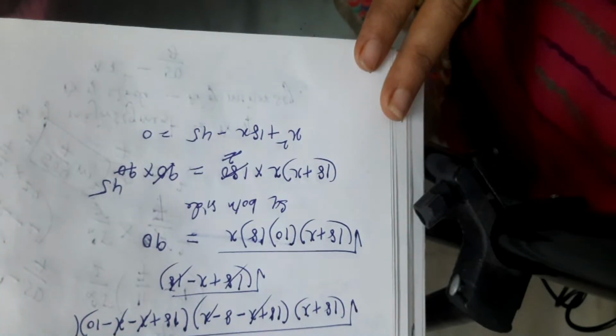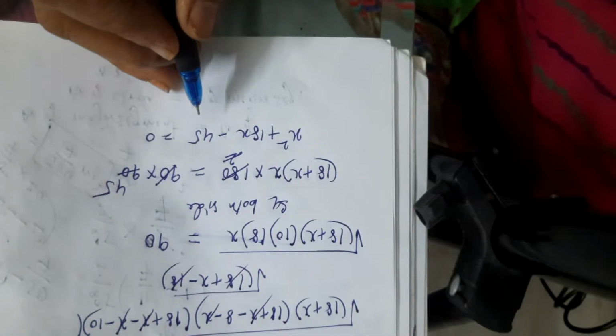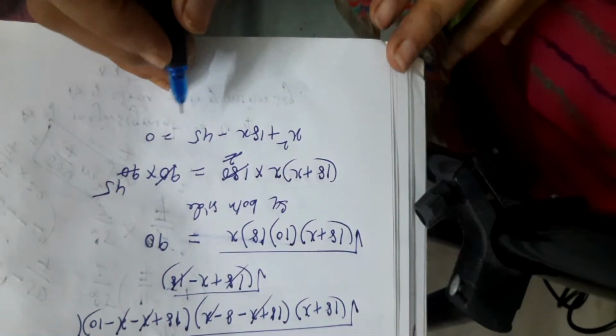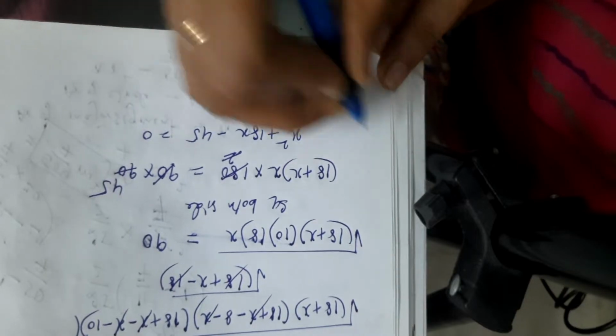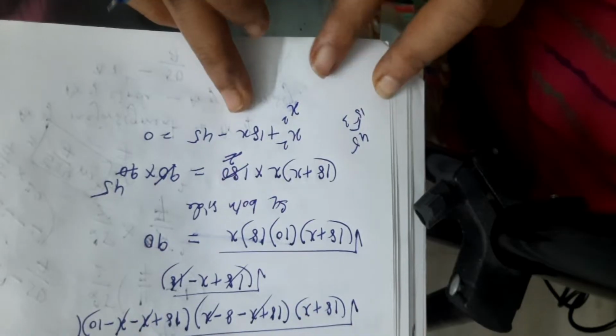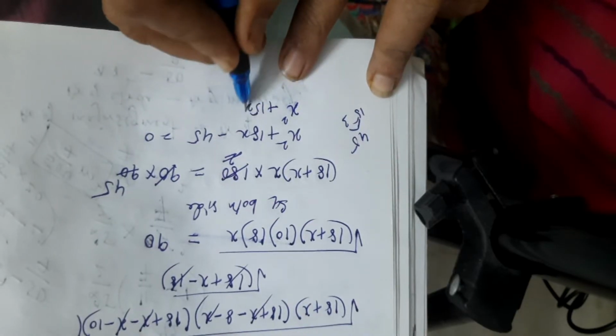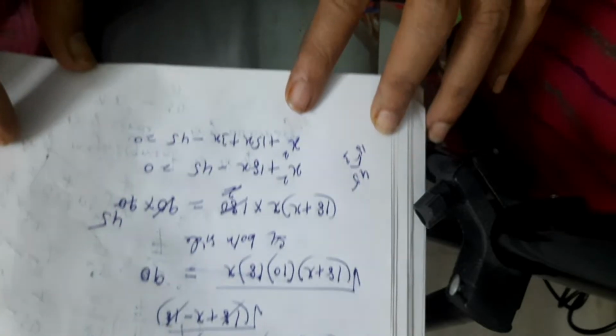We got a quadratic equation, now we need to solve it. Multiples of 45: 5 9s are 45 or 15 3s are 45, and 15 plus 3 is 18. So 15 and 3 can be taken as multiples, which makes 18. Thus it is 15x plus 3x minus 45 is equal to 0.